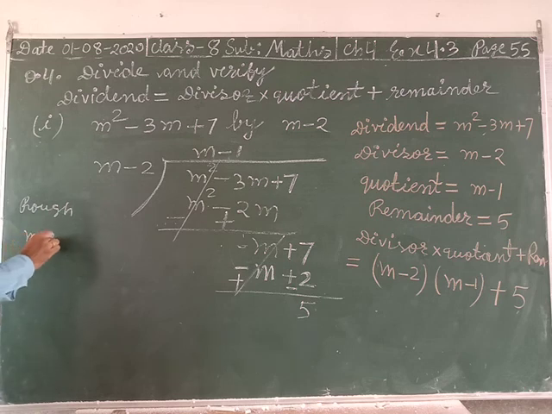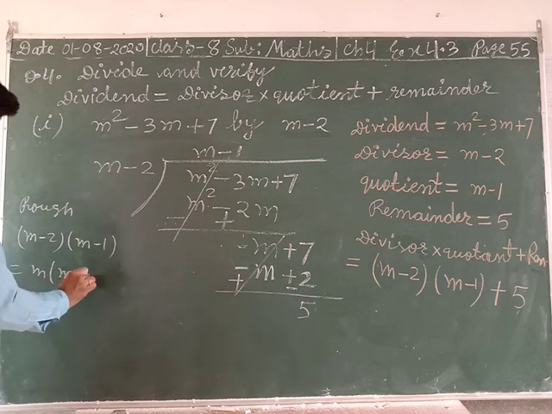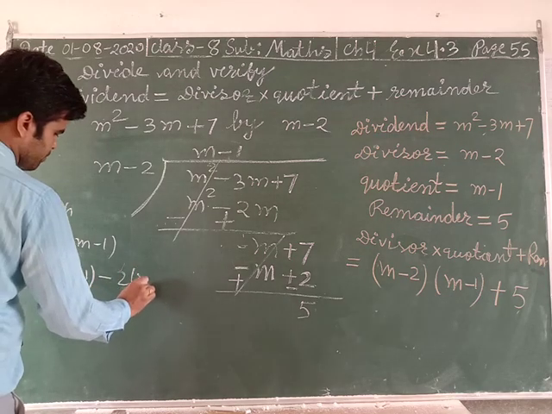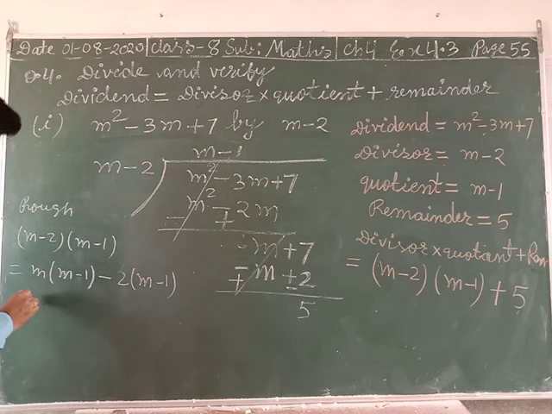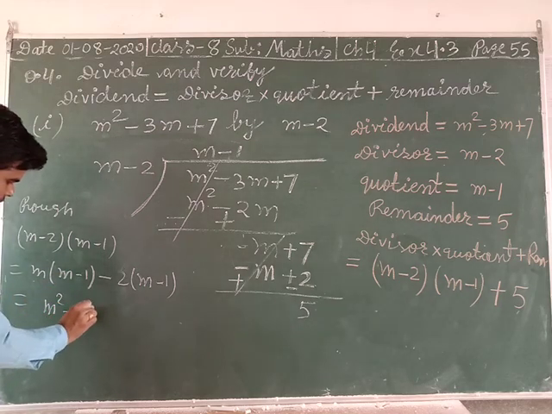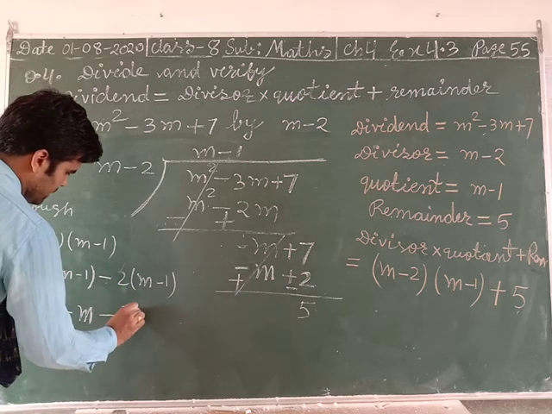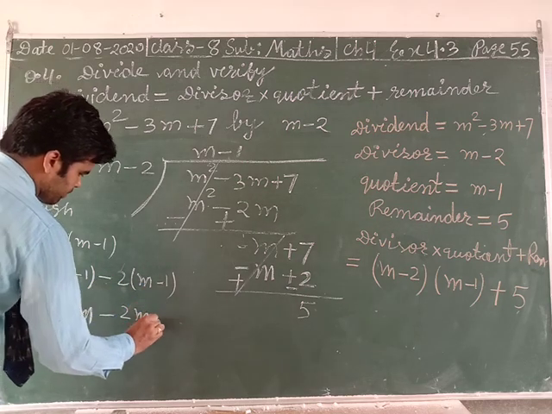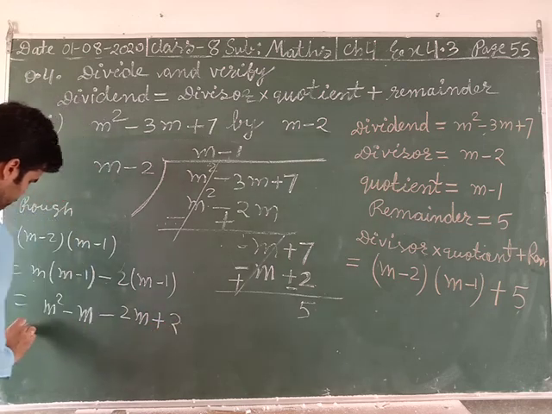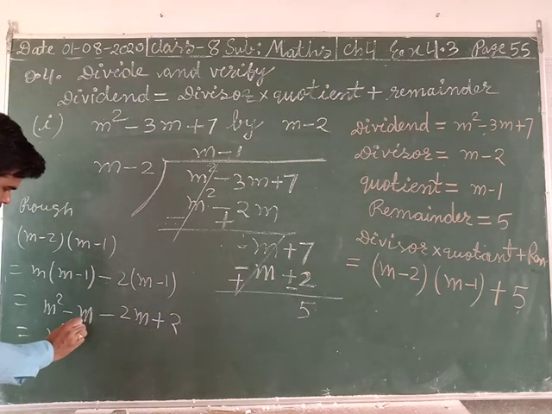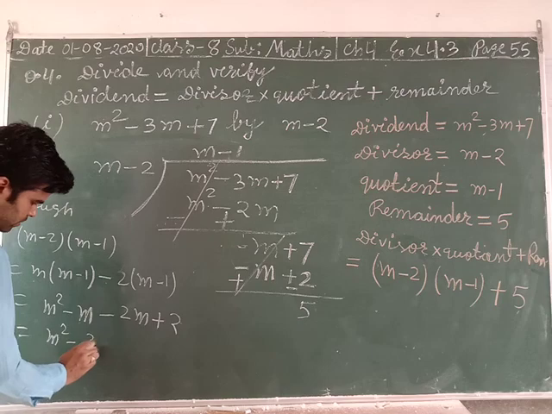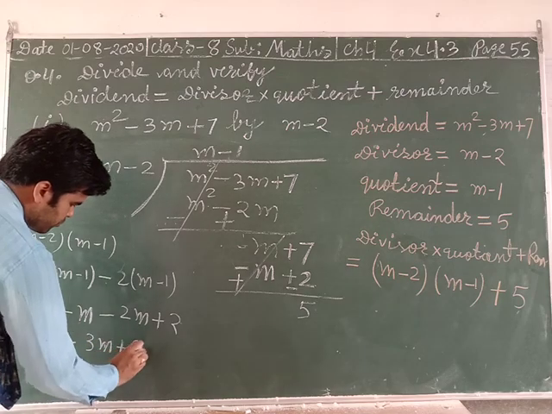m minus 2 into m minus 1. This becomes m into m minus 1 minus 2 into m minus 1. So students, m into m square minus m and then minus 2m minus minus plus 2. So students, this becomes m square minus m minus 2m minus 3m plus 2.